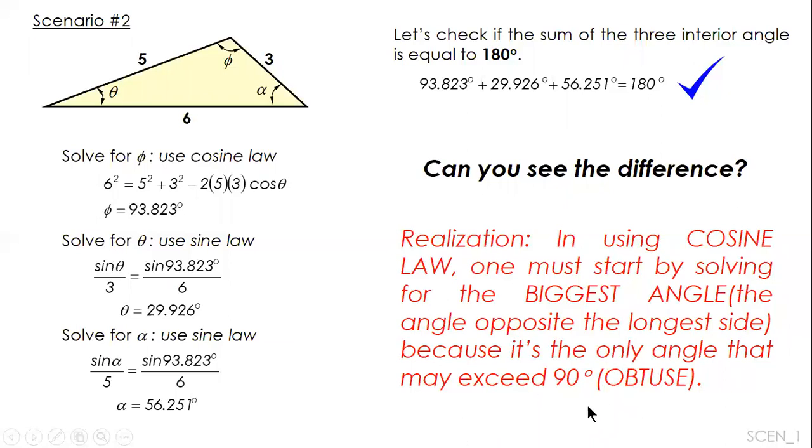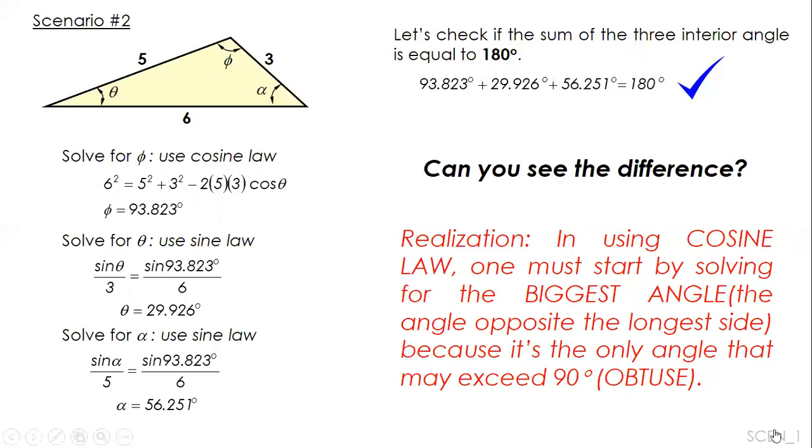Because it is the only angle that may exceed 90 degrees, or be obtuse. If it is not obtuse, okay. The other two angles are surely not obtuse. So the biggest angle is the only one with a chance to become obtuse. Okay. So every time you use cosine law, start with the biggest angle.